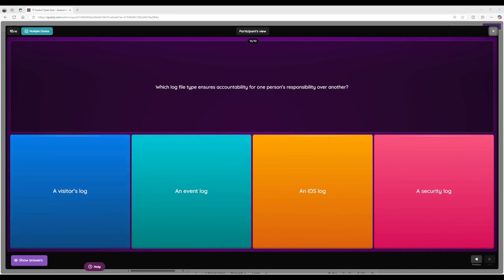Event log, every event that happens in the system will have a log. IDS is intrusion detection system. And the security log, I don't even know how to explain this. I guess a log of every security action that happens on a system. So accountability for one person's action over another. This would be a visitor's log.